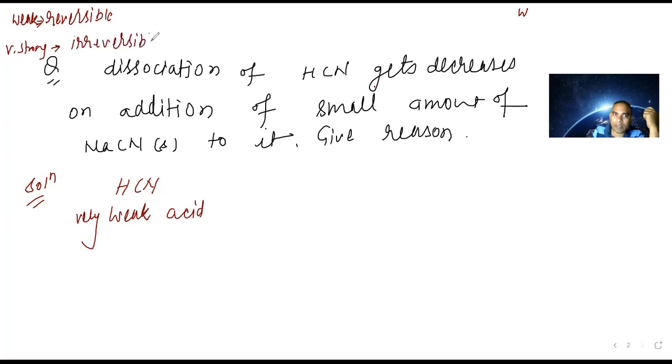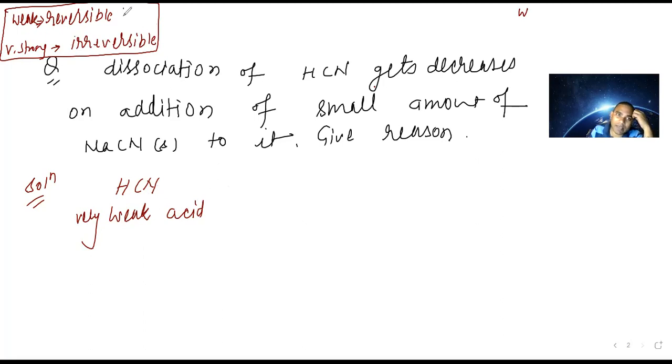Now, metal salt or strong means strong electrolyte. In HCN, all are non-metals, so it is going to be a weak acid. Weak acid implies weak electrolyte.